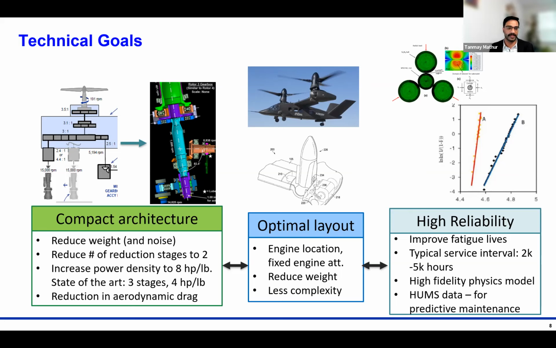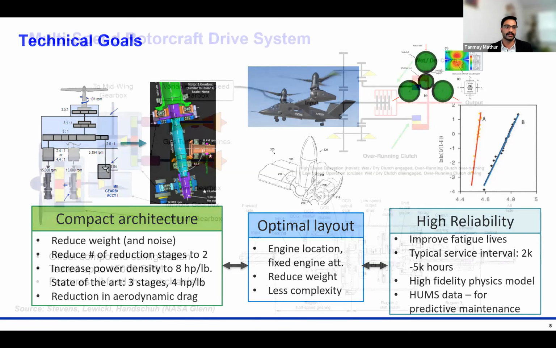And what makes it really challenging is that very often these three goals are in conflict with each other. So let's begin by taking a look at some of the alternative drive system architectures that have been in development over the last few decades.